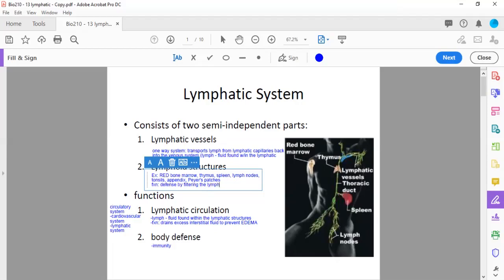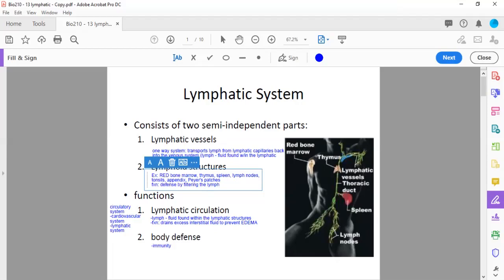You can think of it as a filtering system. The moment the lymph goes through the lymphoid structures, they collect and filter the lymph, and what comes out will be very, very filtered lymph.